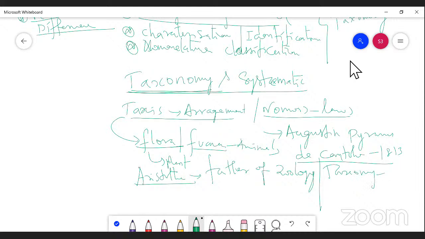He was the first to classify the animals, and not only animals, plants also. So he was the father of biology, zoology and taxonomy, because he first classified the animals and plants, kingdom Animalia and kingdom Plantae. Everything was first designed by Aristotle.